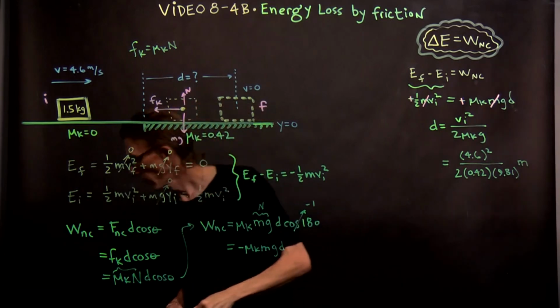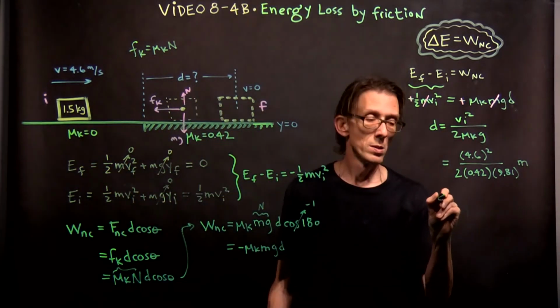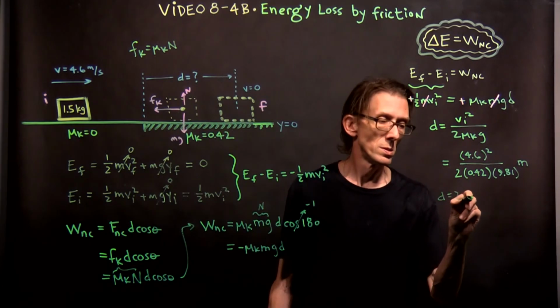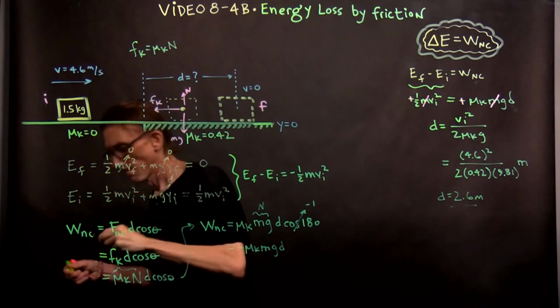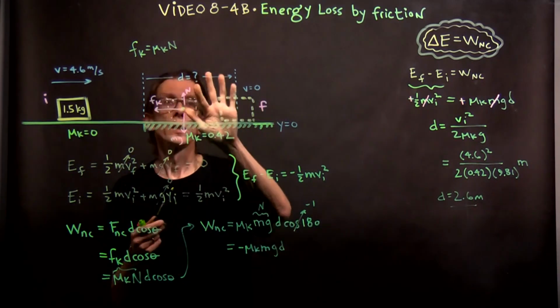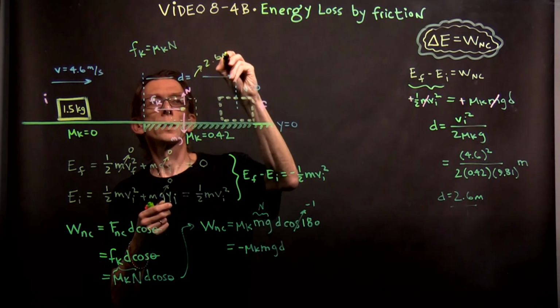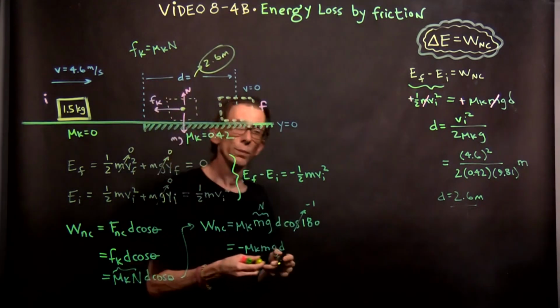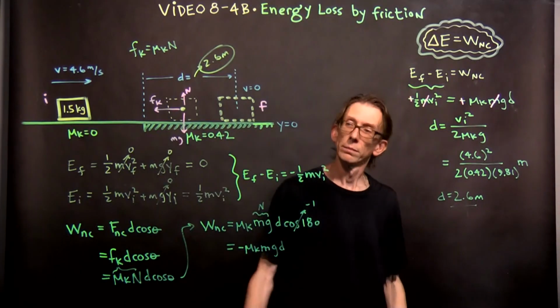You do that, you get 2.6 meters. So that is our answer right here. d equals 2.6 meters.